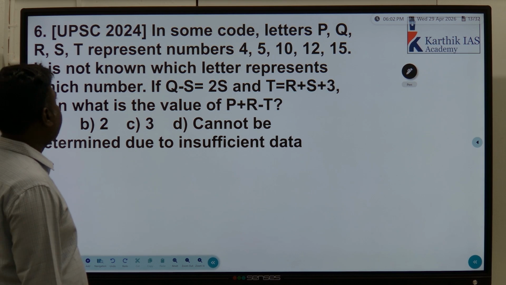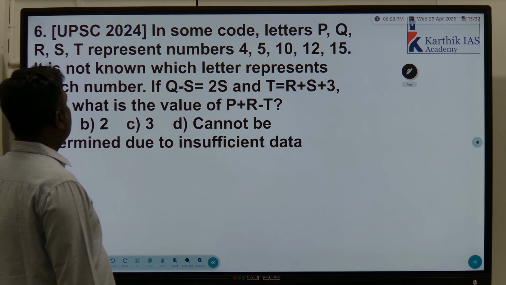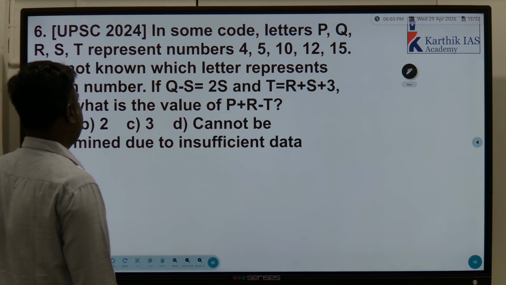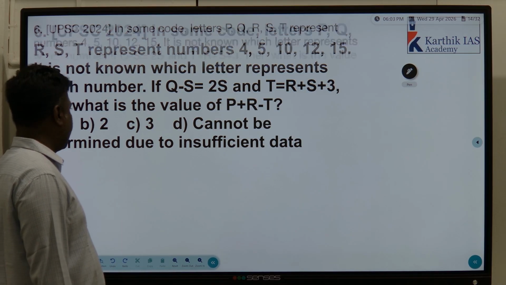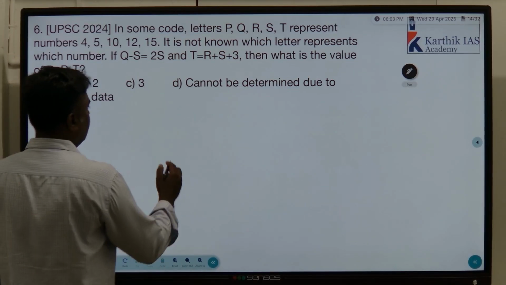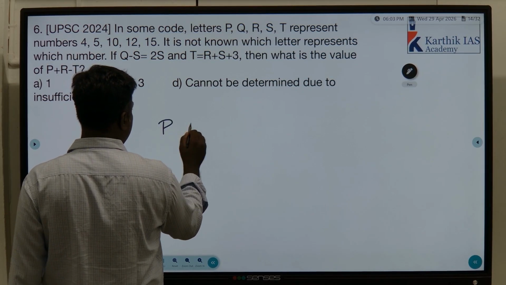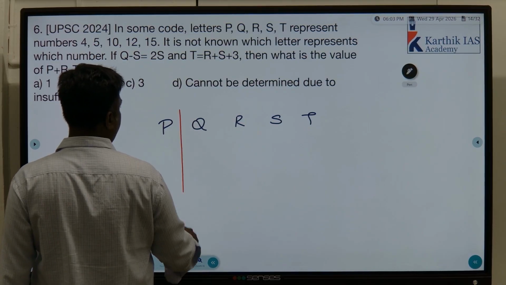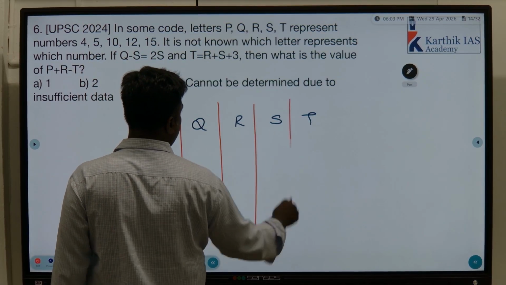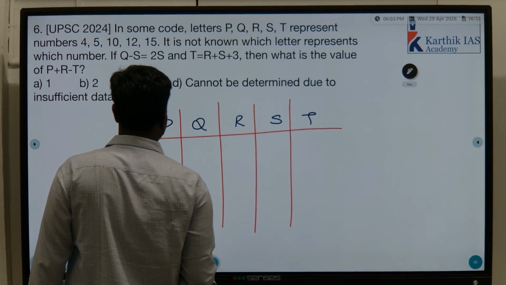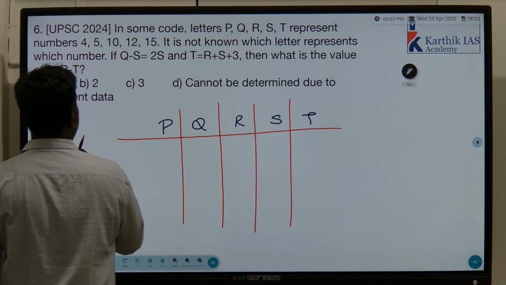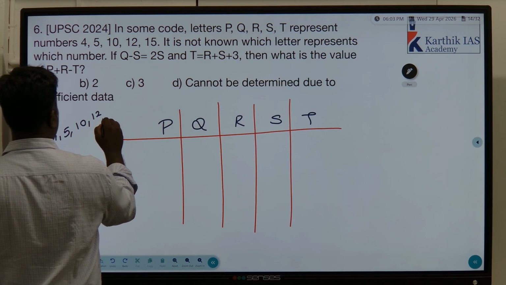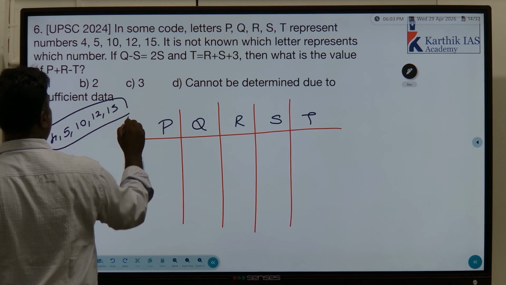So easy. Now question 24. PQRST: 4, 5, 10, 12, 15. It is known that which letter represents which number. So we can consider this as a number system question also. The numbers they gave are 4, 5, 10, 12 and 15 among these 5.